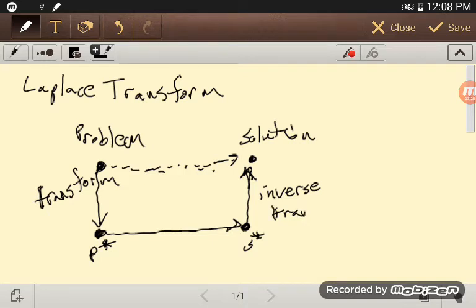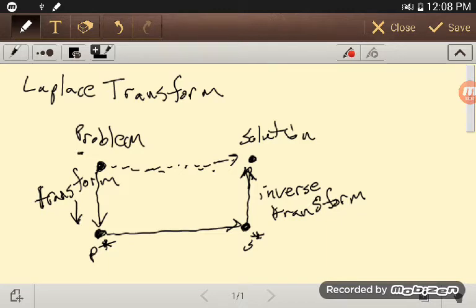And so that's the idea, is that we will start with some problem, we won't have a good answer for it, and so we transform that problem down this way. That will be our Laplace transform of the problem.